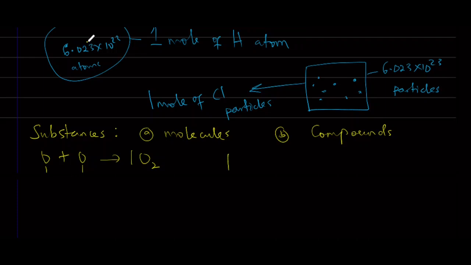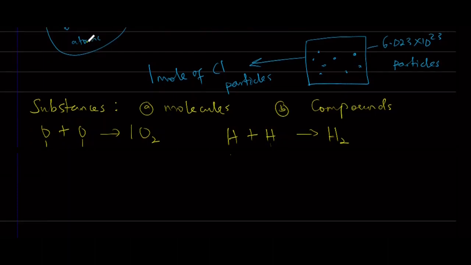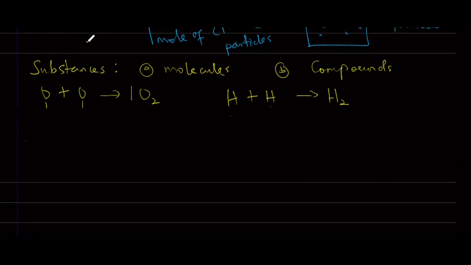Another example is hydrogen plus hydrogen will give us H2. Here we have formed this molecule H2 by combining 1 hydrogen atom with another 1 hydrogen atom to give us 1 molecule of hydrogen. So the examples we have discussed now are regarded as homonuclear molecules.